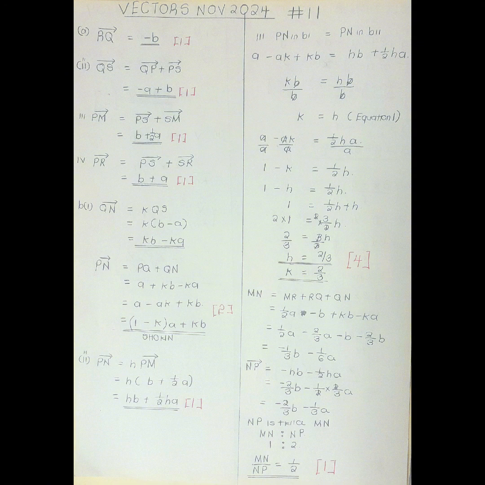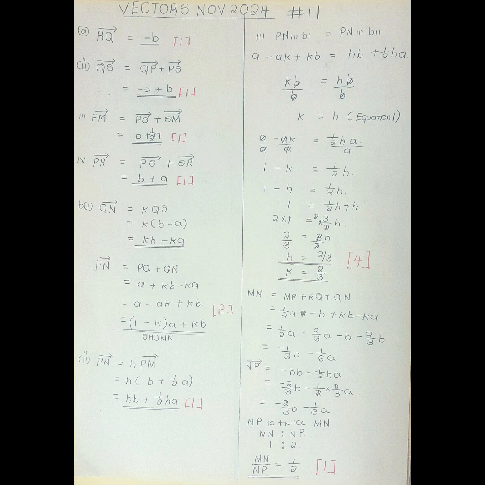QS is going to be QP plus PS, which is minus A plus B. PM, we are moving from P to M, we say PS plus SM, which is B plus half A. PR is PS plus SR, which is B plus A.